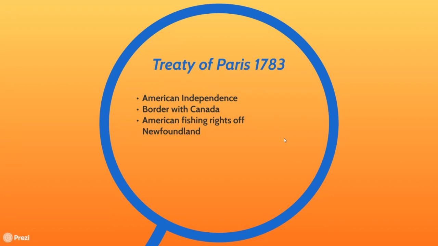But the British are occupied in all those other theaters of war, so they're unable to really fight all in one place. They assume that they can finish up these other skirmishes and come back, which they do in the War of 1812. And also they know that they still have Canada. So they're not completely out of North America after the American Revolution.